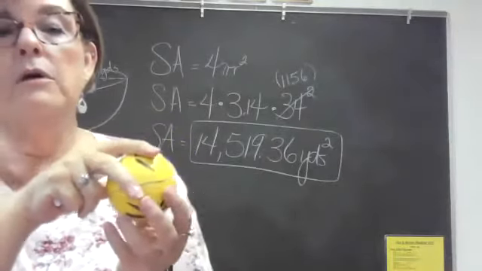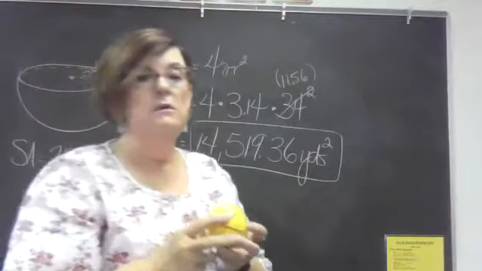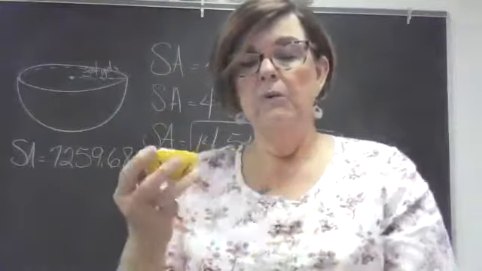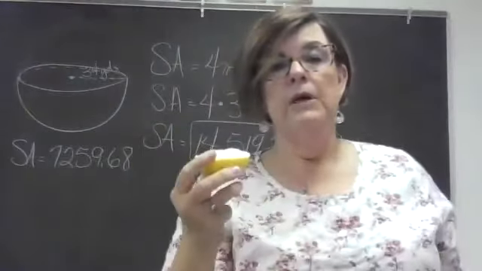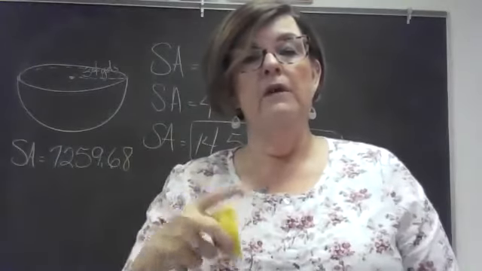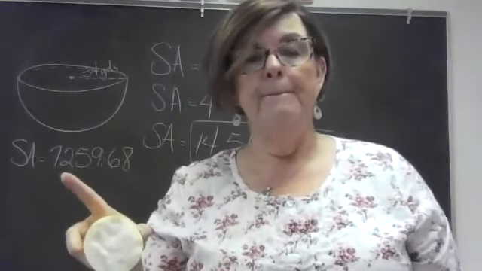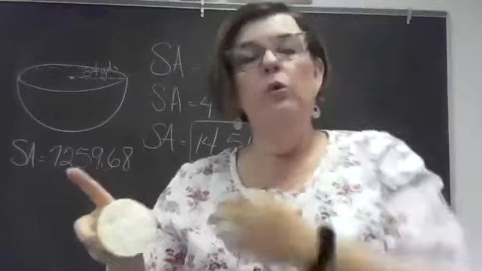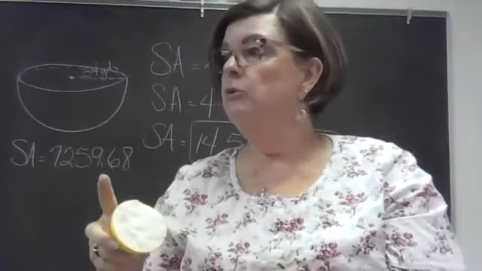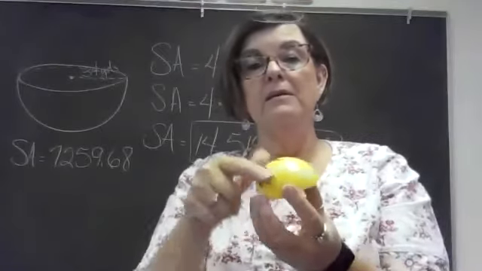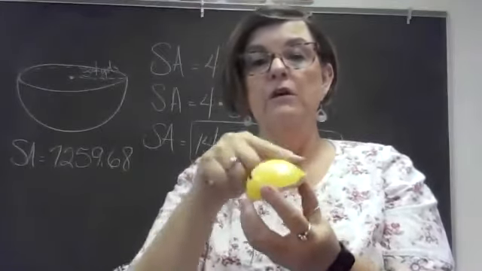So now we're coming over here and we're going to divide this in half. And now we have a hemisphere, okay? And so we took the surface area and divided it in half. And this is what we got. But when we divided this by 2, that's only what it would take to paint half of the sphere.